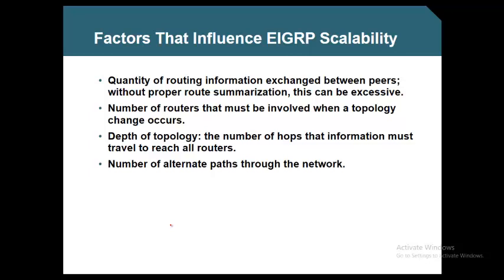What is the scalability issue? Whenever there is a change in one of the spokes, that will be flooded to the hub and the hub will flood to all other spokes. When I say spokes and hub, it is not just one router, it is many routers.